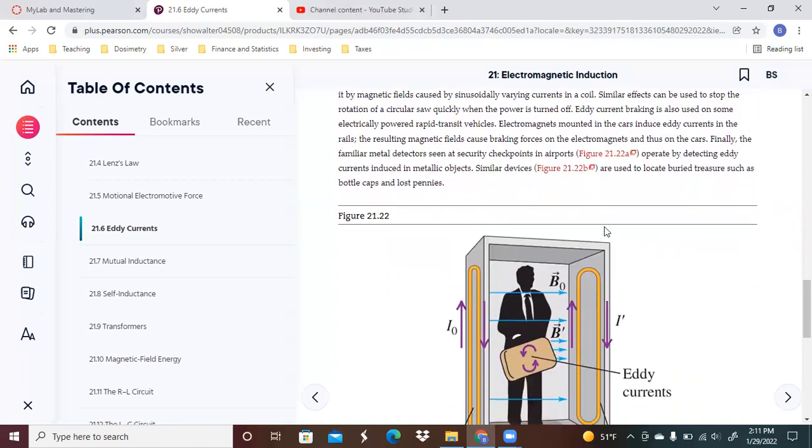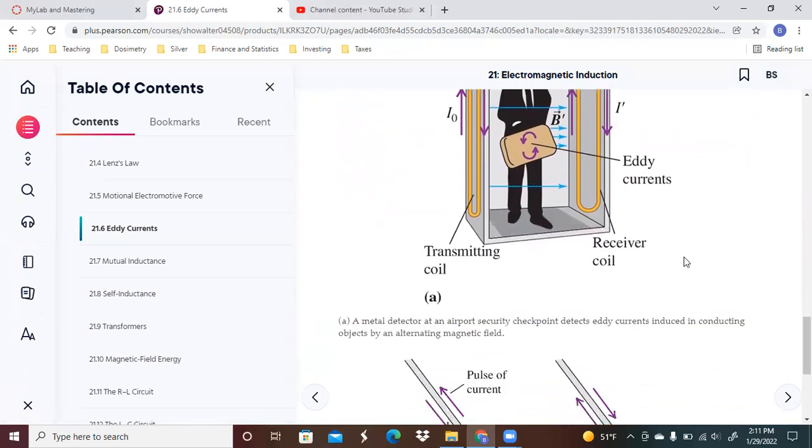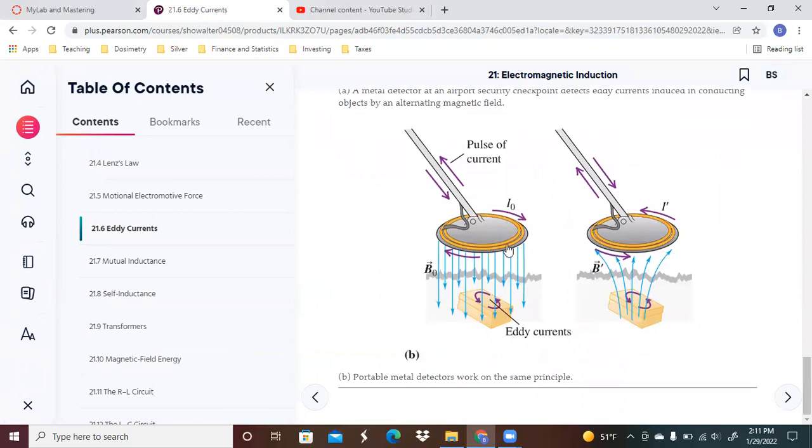So finally, the familiar metal detector seen at security checkpoints in airports operates by detecting eddy currents induced in metallic objects. That's how they find it. Similar devices are used to locate buried treasure, which is kind of what you're seeing here.